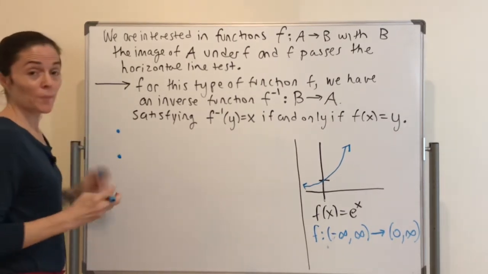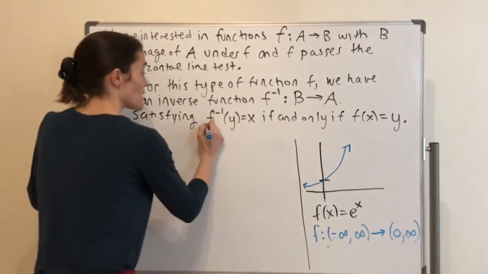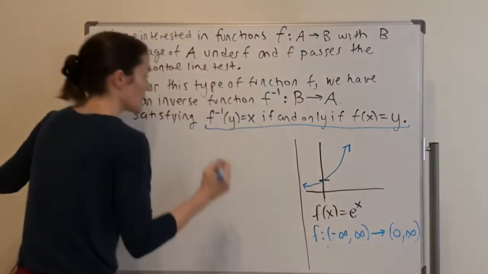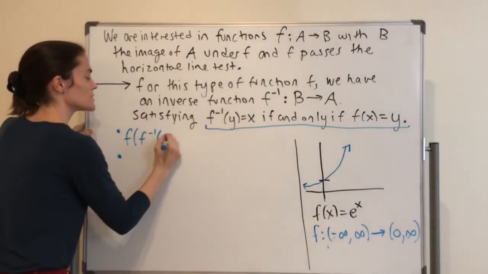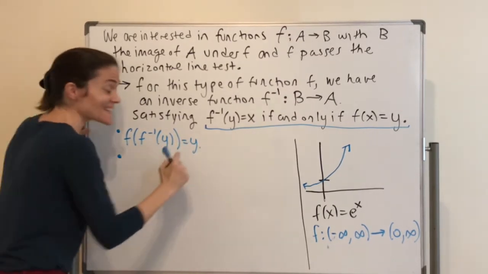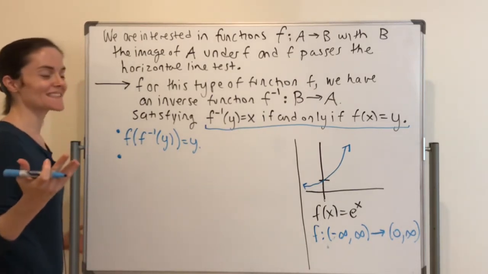Well, two important things that come from this, which I will underline in blue, is that if you take f of f inverse of y, we get y. And this is the function composition, okay? Just like we were just discussing in the chain rule.